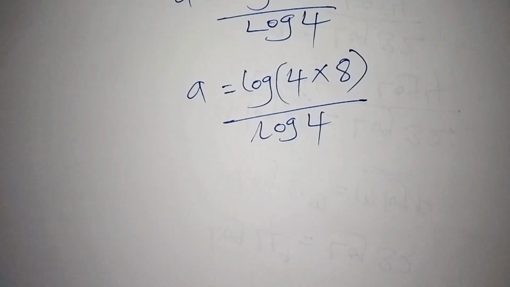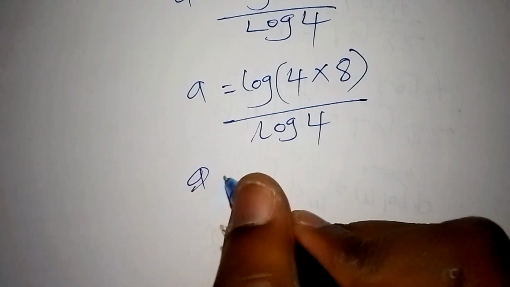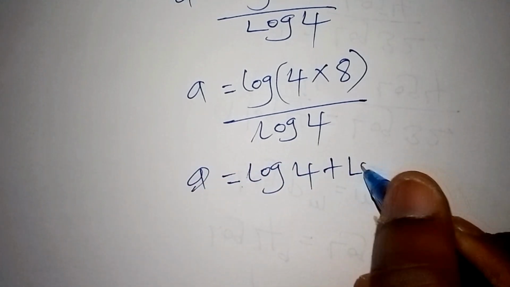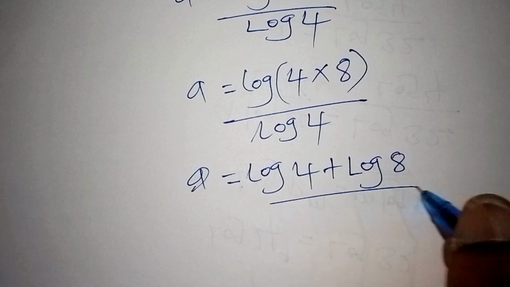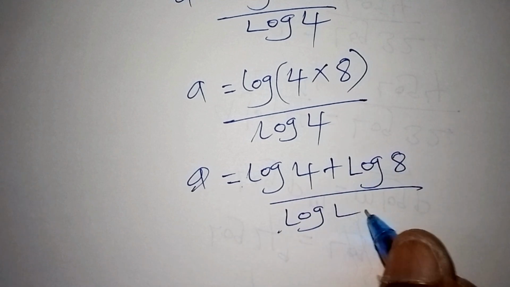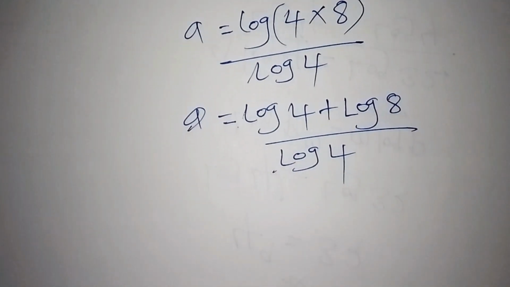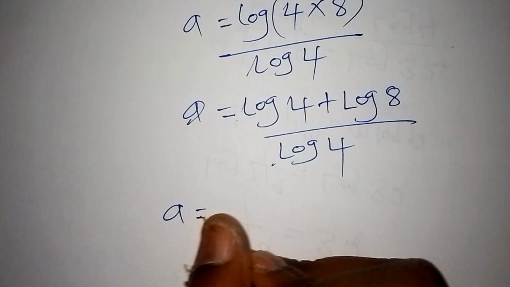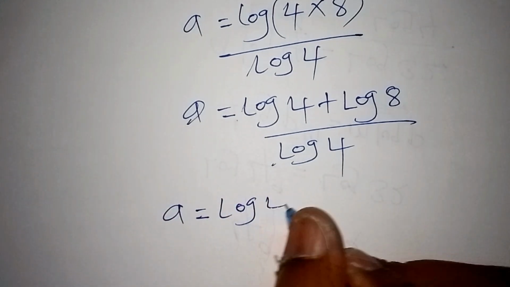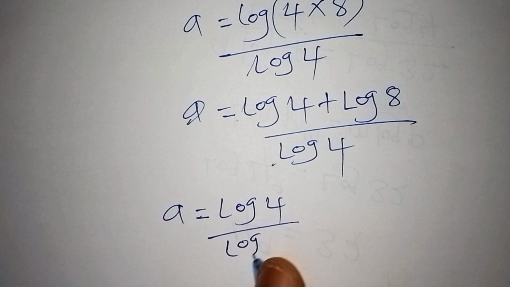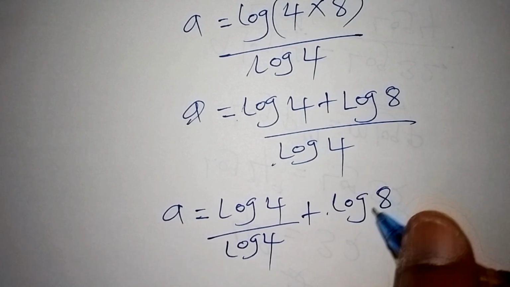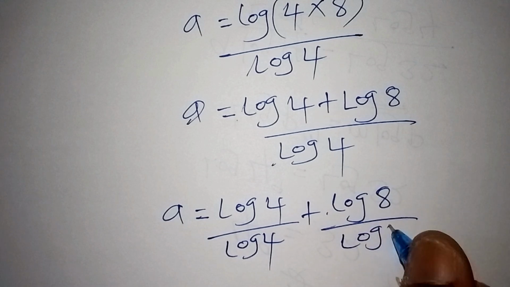That value we can also write as a is equal to the log of 4 plus the log of 8 all over the log of 4. So now we shall split it, saying that a is equal to the log of 4 all over the log of 4, then plus the log of 8 all over the log of 4.